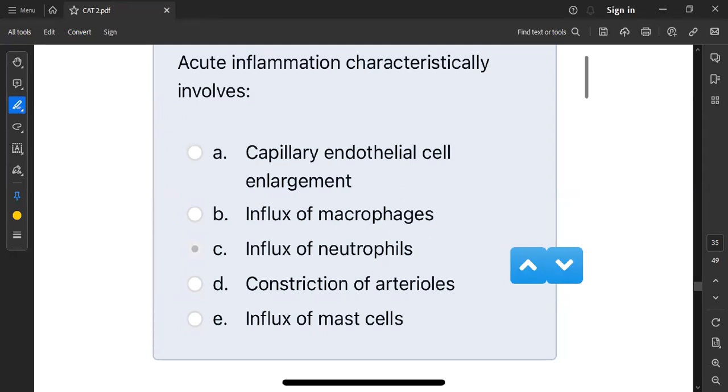First, macrophages come there and sense this insult. Then there's release of inflammatory cytokines, bradykinin and histamine.